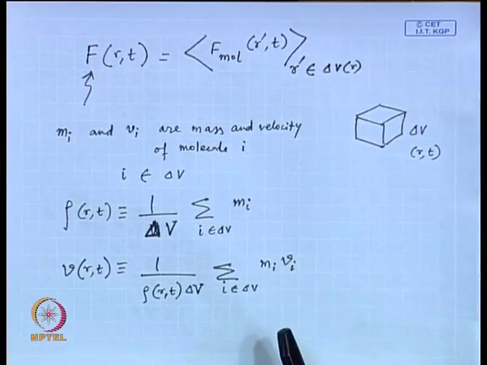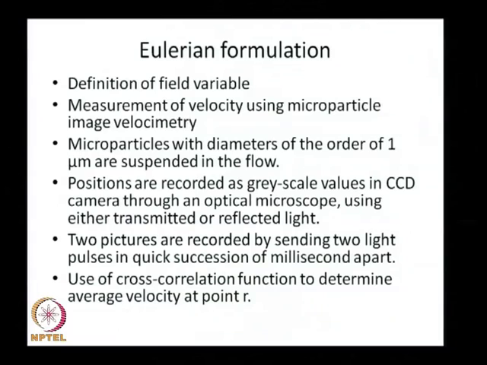Okay. Now, when it comes to measuring the velocity, why we are treating it differently is that this measurement cannot be done by a pitot tube or other type of apparatus, because we are operating at a scale which is too small.